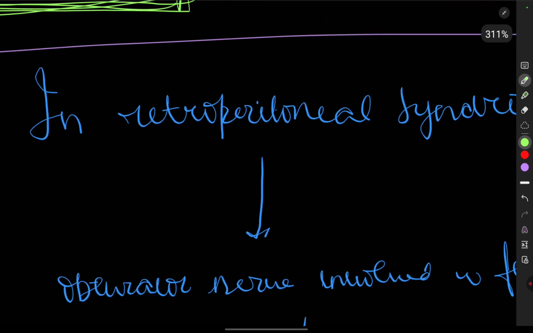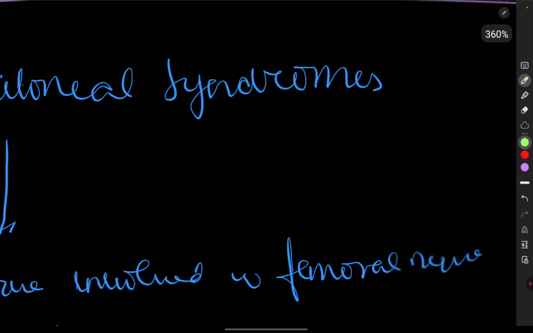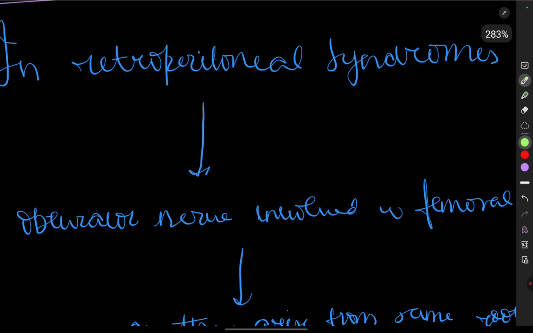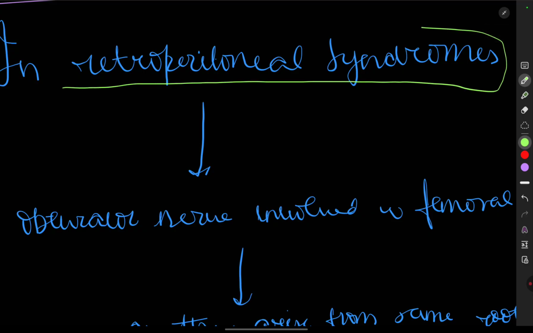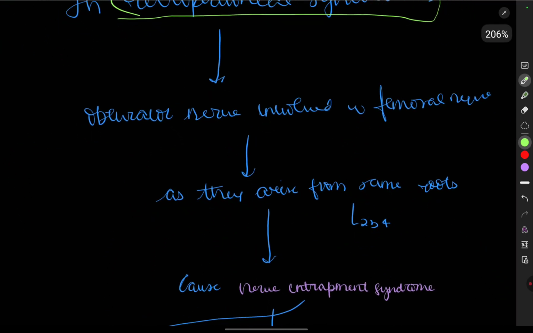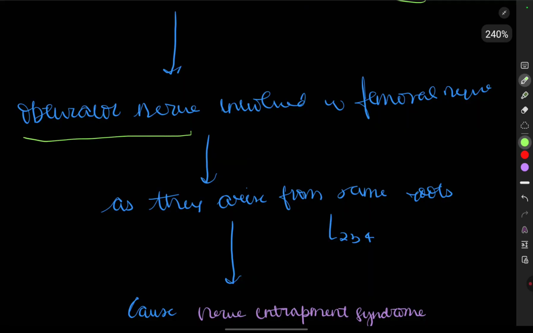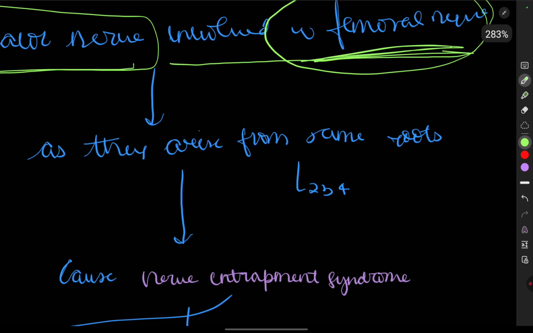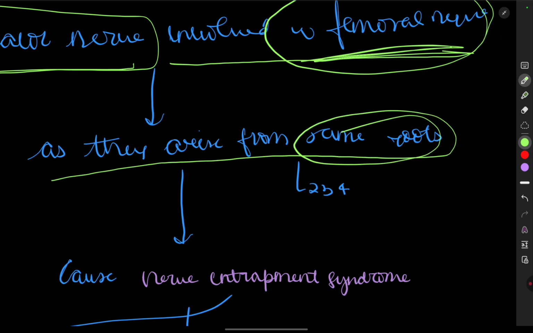In retroperitoneal syndromes, the retroperitoneal space is involved. If there is some retroperitoneal syndrome, the obturator nerve is involved with the femoral nerve as well, as they arise from the same root, that is L2, L3, L4.